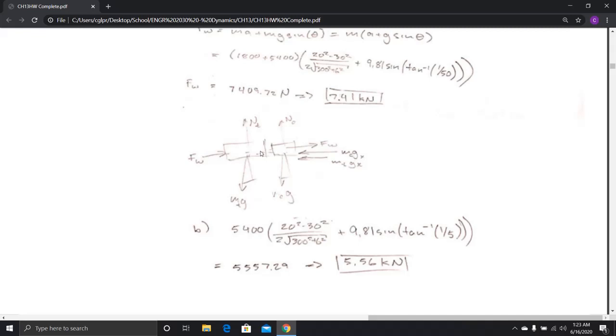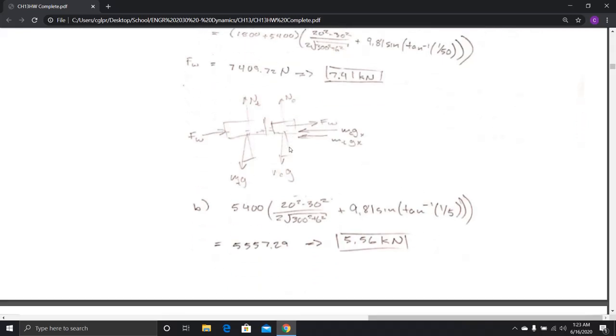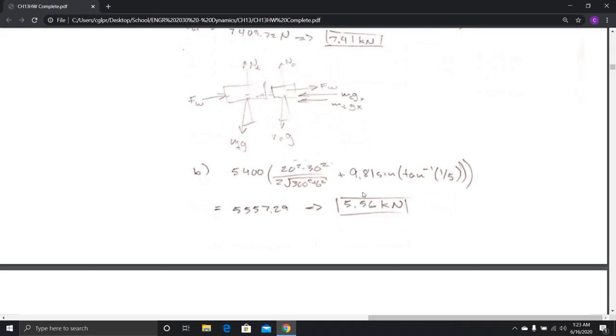Essentially, all of the force required to push the cab up the hill is already being used before it gets to the trailer. So I just use the same equation, but put in 5400 instead of 1800, and I get around 5.5 kilonewtons.